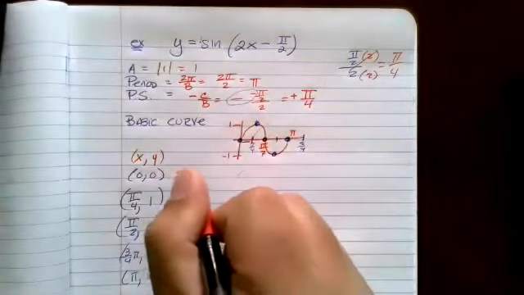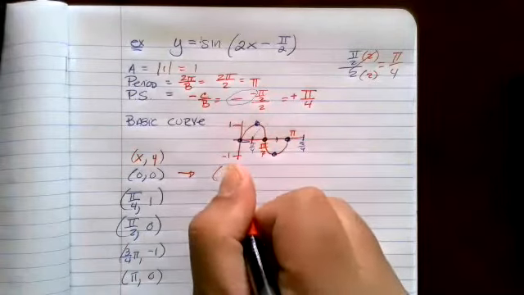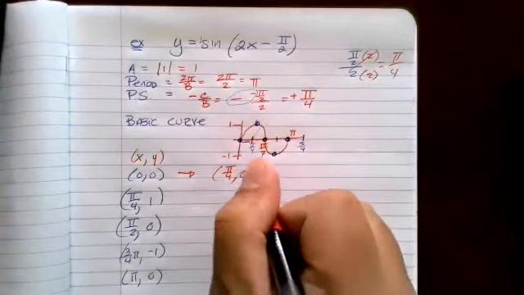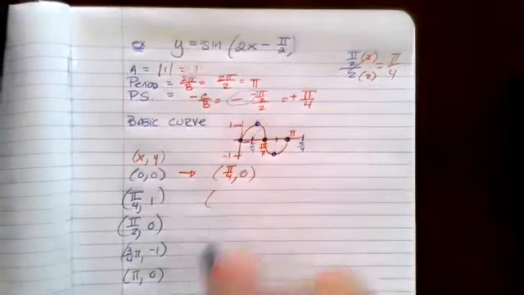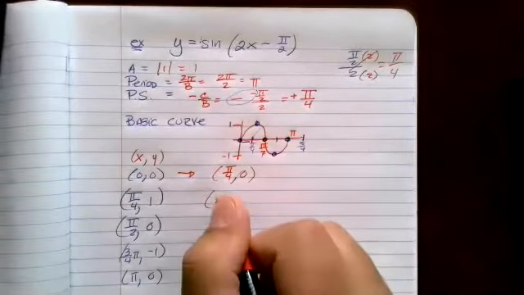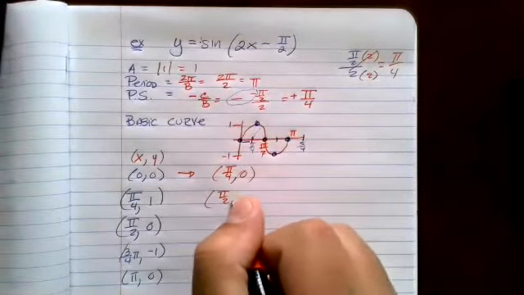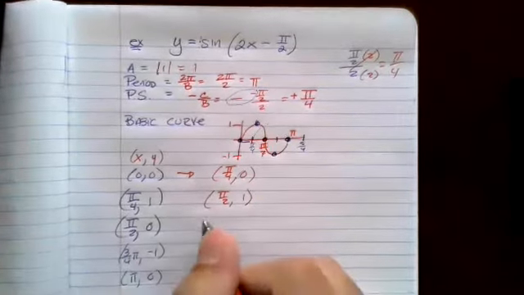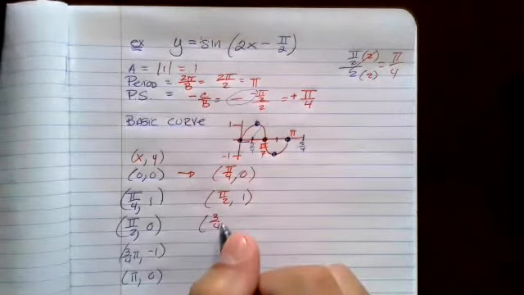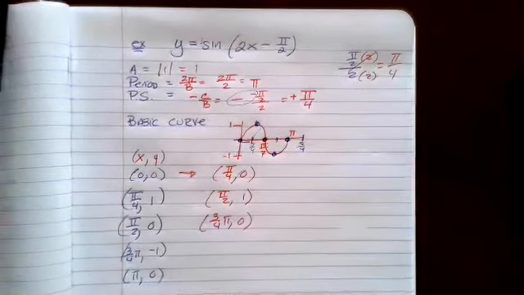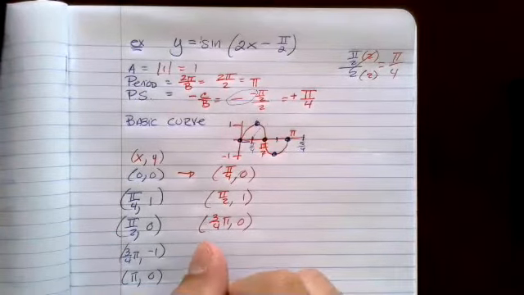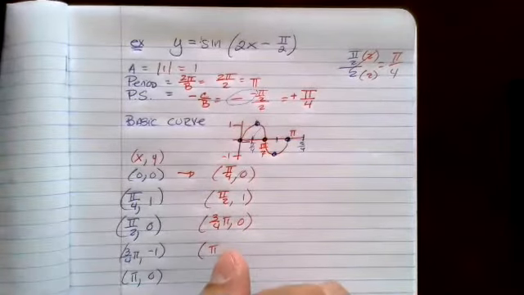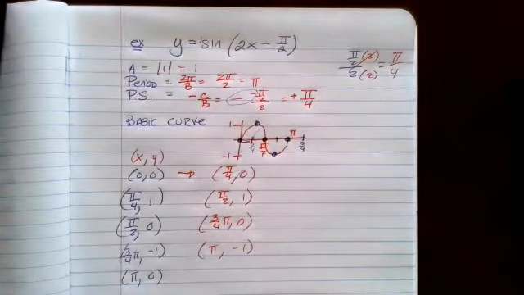Right, so now this will become 1/4, comma 0. 1/4 plus 1/4 is 2/4, which is 1/2, and 1. 1/4 plus 1/2 is 3/4. 1/4 plus 3/4 is 4/4. And 1/4 plus 4/4 is 5/4.